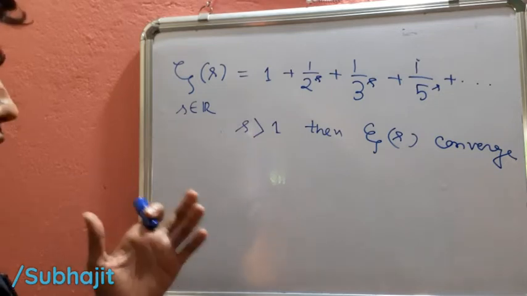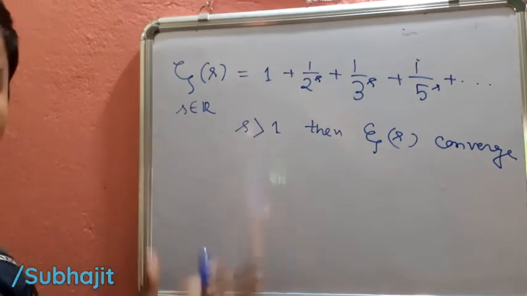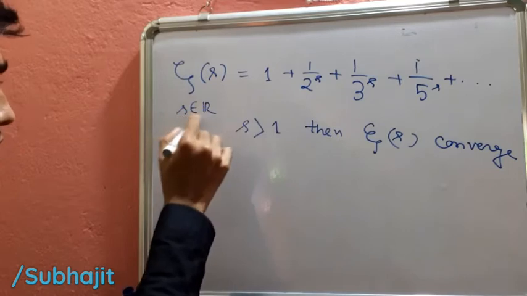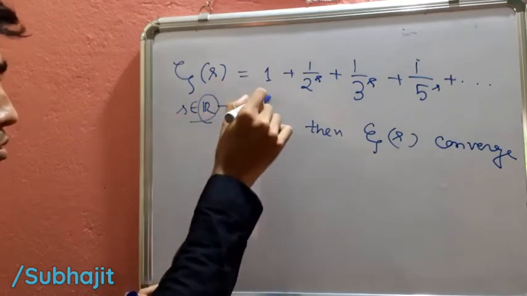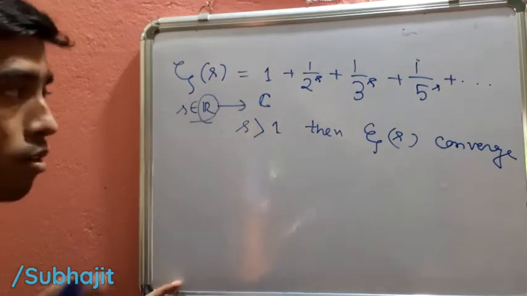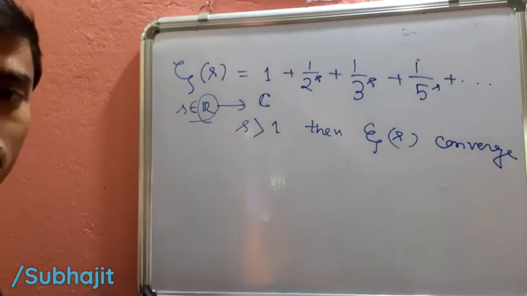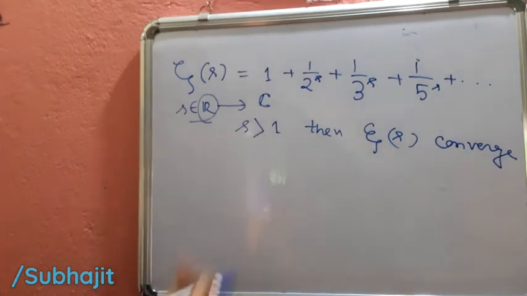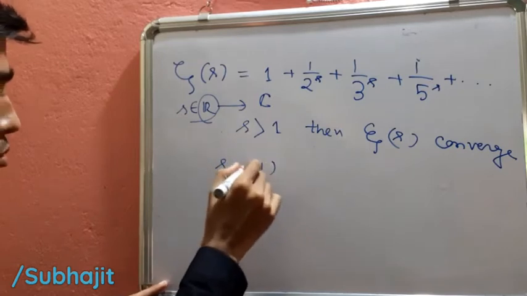But then what Riemann did was extend this domain R to the complex number field C. Now you might wonder how this is possible, because let's put s equal to -1.